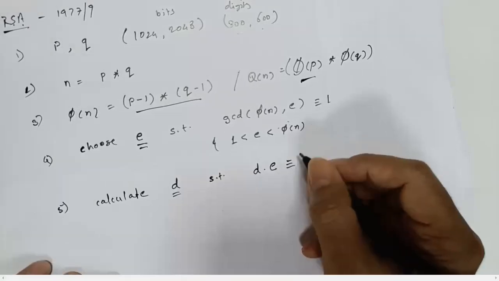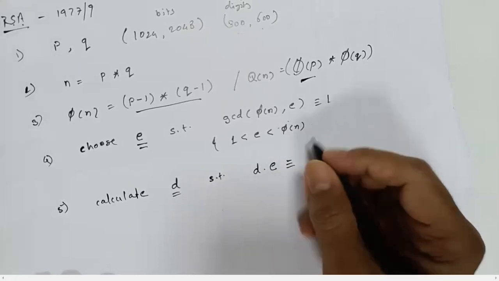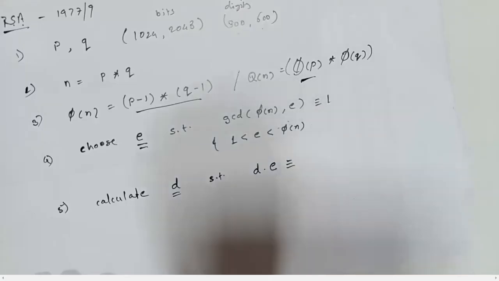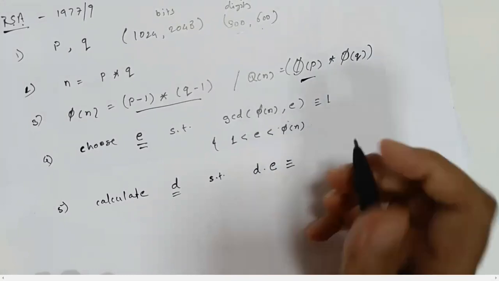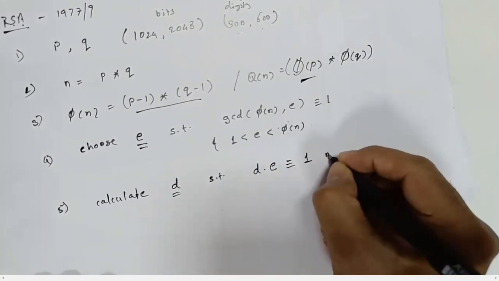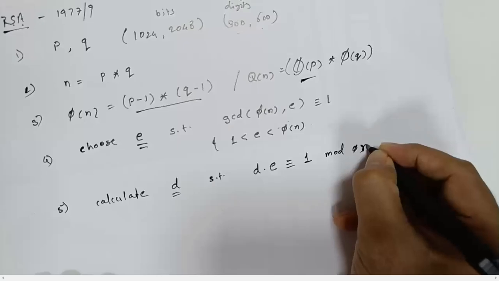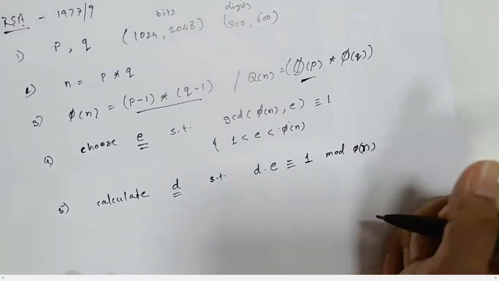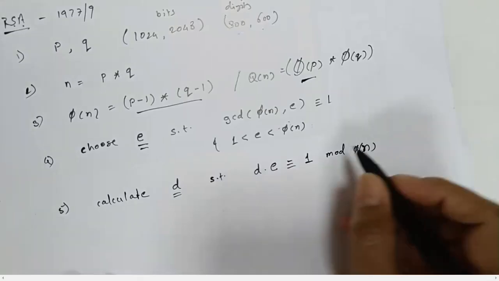This operator is the congruent operator. This number is congruent to 1 mod phi of n.